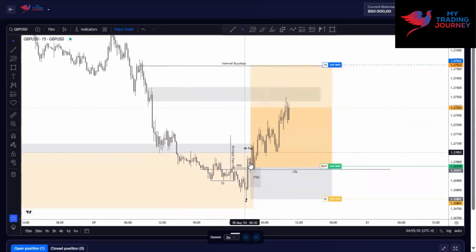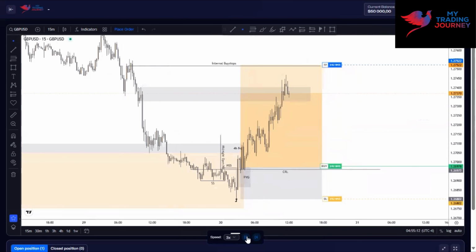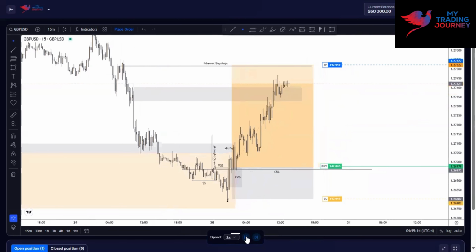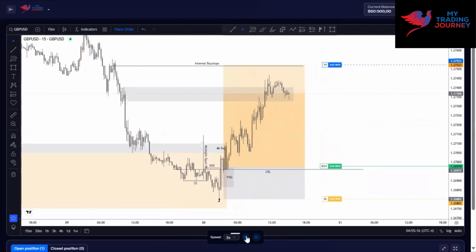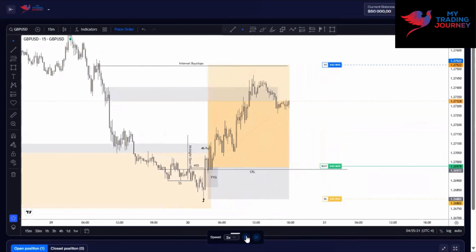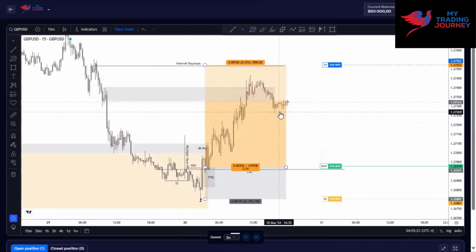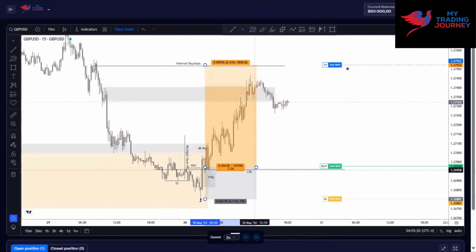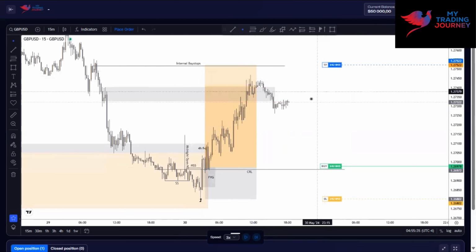Okay, let's see what happens. Price is slowly moving. Okay, as you can see right here, we are at the end of the trading day. Our TP hasn't been hit yet. However, this is where I think I closed my positions somewhere around here.